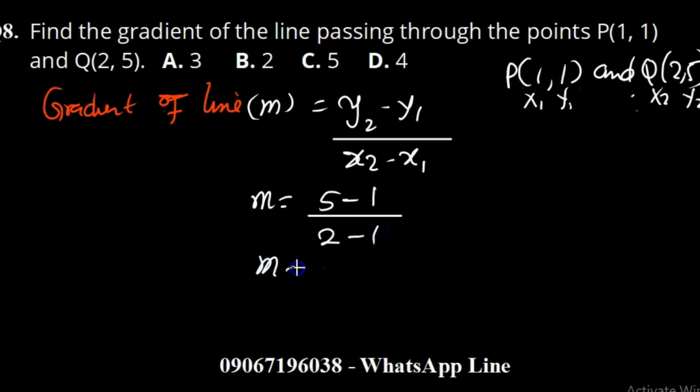So m is 4 divided by 1. Therefore, m is equal to 4. So the slope of the line passing through the points (1, 1) and (2, 5) is given as answer option D.